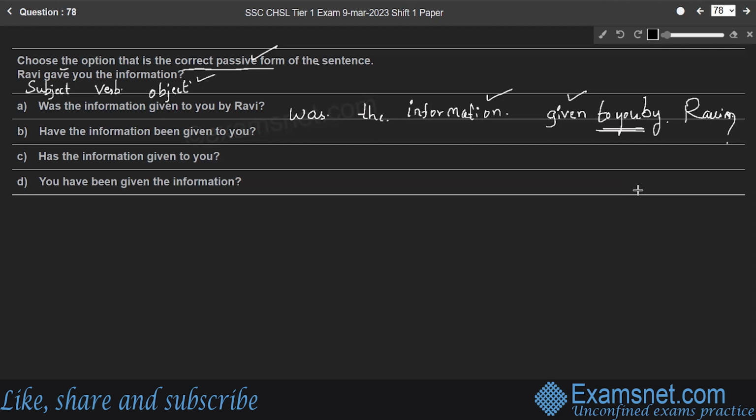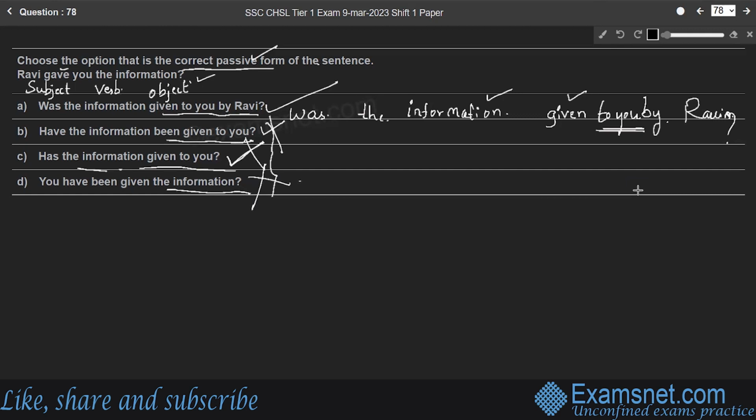Therefore, look at the options. Option A is the right answer. Was the information given to you by Ravi? Right? Here, the remaining options, have the information been given to you? Has the information given to you? So here, by whom it is given is not mentioned in options B and C, and also the participle form is not properly given, and you have been given the information is also not correct, because here the agent, Ravi, is not mentioned, therefore the remaining options are wrong.